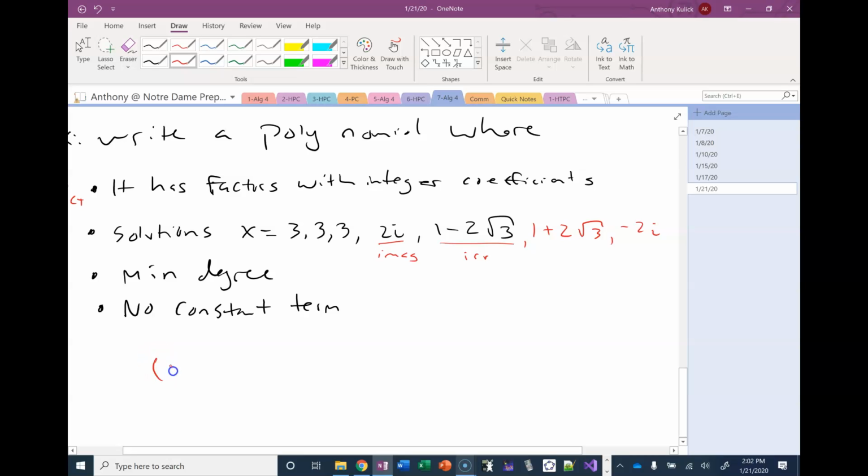I'm then going to convert these into factors. So I have x minus 3's, and x minus 2i, and x plus 2i, and x minus the quantity 1 minus 2 root 3, and x minus the quantity 1 plus 2 root 3.